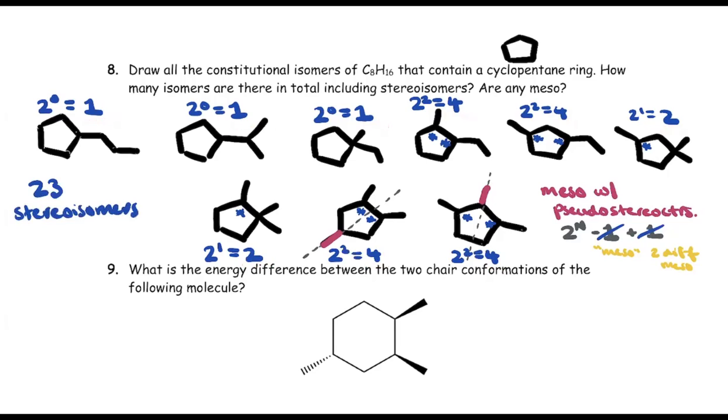And because these 2 constitutional isomers are symmetrical, they're the ones that have your meso possibilities. But of these, 4 of these stereoisomers will be meso. And because you guys are all such wonderful Orgo students, I will draw out the 4 meso ones so you guys can see.